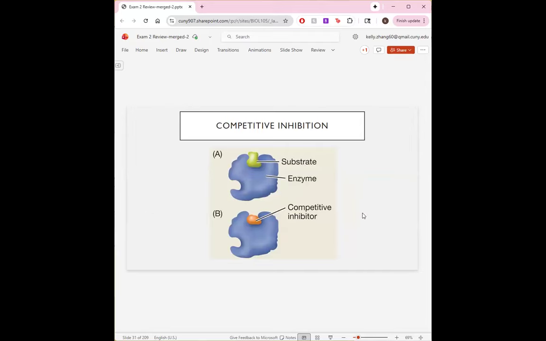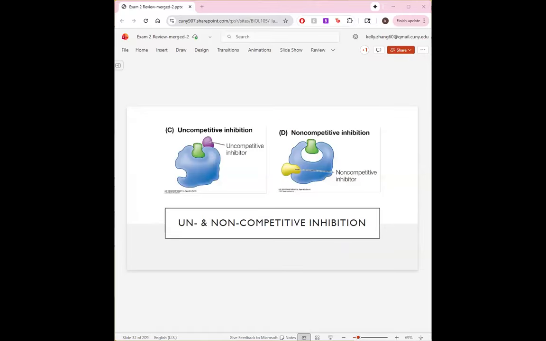There's competitive inhibition, which is when an inhibitor binds to an enzyme's active site and competes with the natural substrate for the binding site. Then there is non-competitive inhibition, which happens when the inhibitor changes the shape of the active site in a way that the active site no longer binds to the substrate.